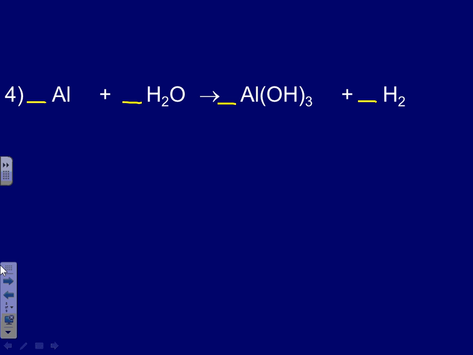Remember, the 3's got to go in the brackets. So there's 3 oxygens here. What do I have to do here to take care of that? I need 3 of these so that I can say 3 times 1 is 3, and 3. Okay? Now we're dealing with the hydrogens.